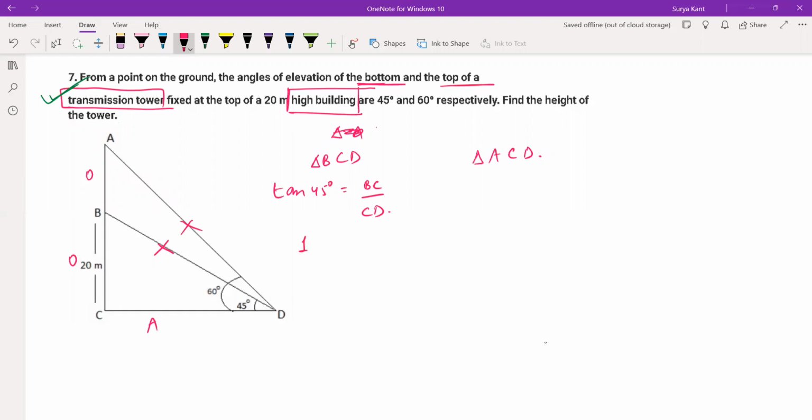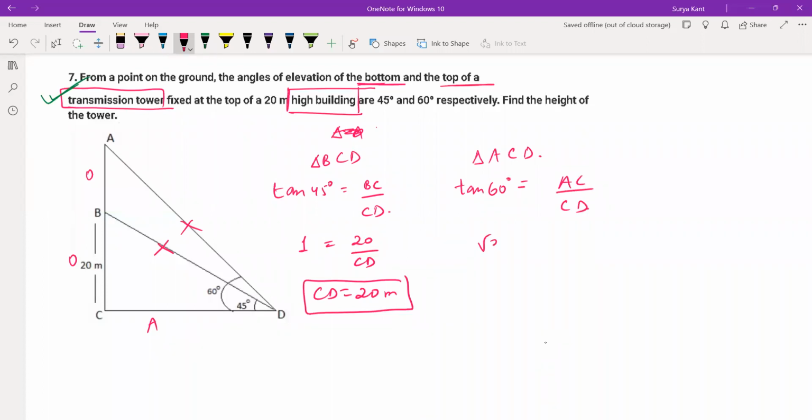So tan 45 is 1, BC is 20, CD is as it is. So CD is equals to 20 meters. From the first triangle we got CD is equals to 20 meters. In triangle ACD, we have tan 60 degree is equals to AC by CD.